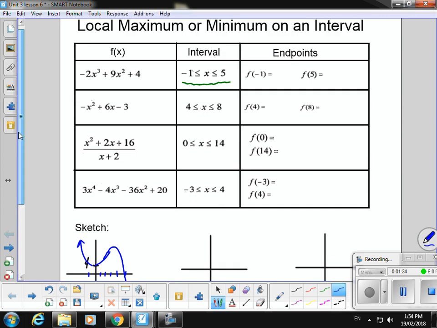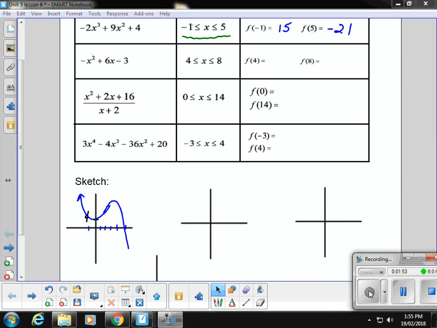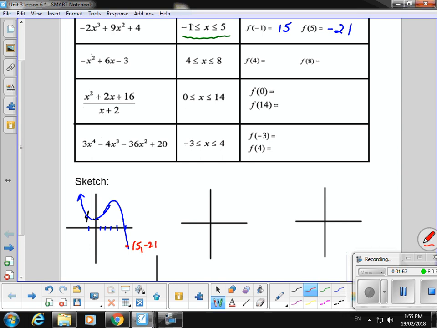If we are looking at the interval from -1 to 5, my value f at -1 is 15. My value f at 5 is -21. So those are my endpoints. Reflected down here, (5, -21) and (-1, 15).